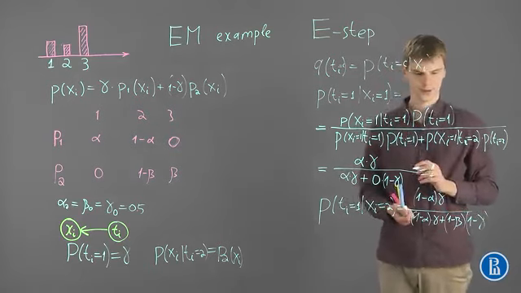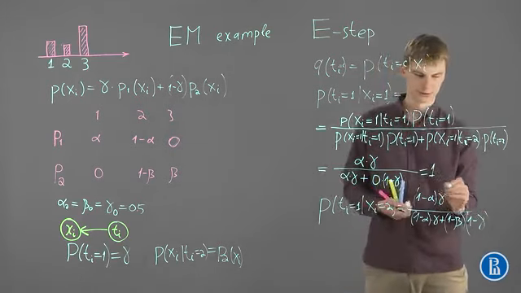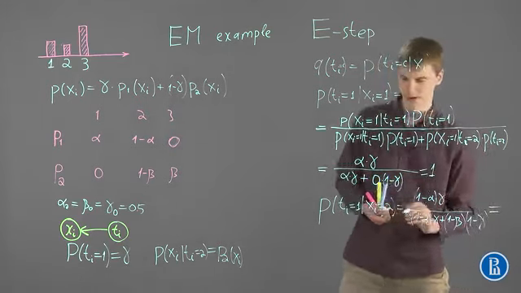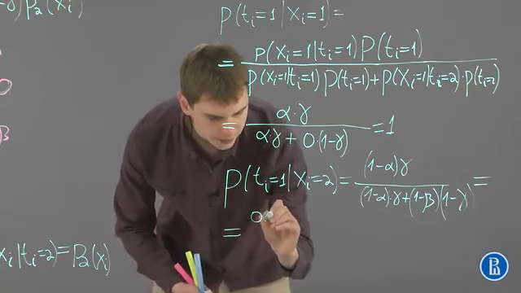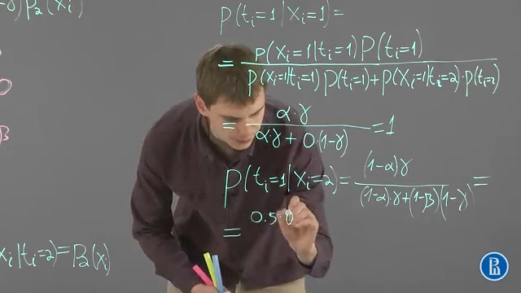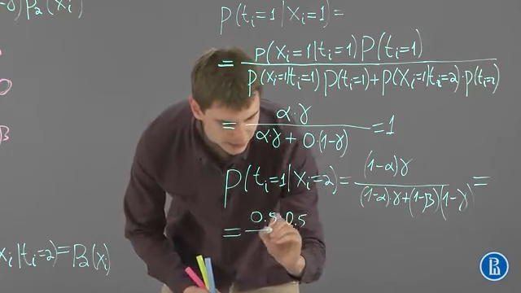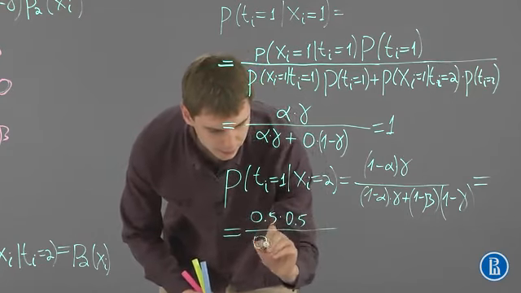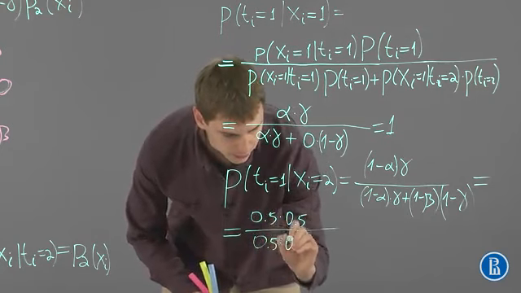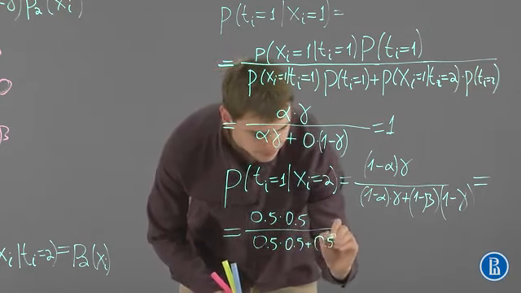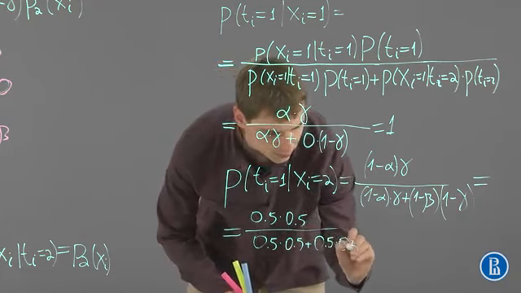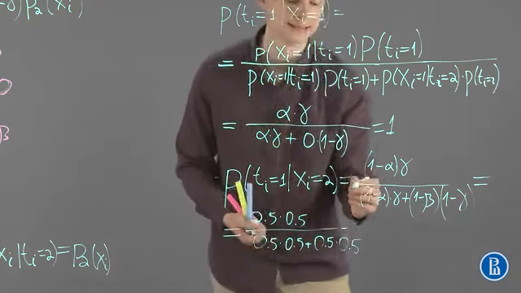And if you substitute the numbers from our initialization, it will be just 0.5 times 0.5 divided by 0.5 times 0.5 plus the same thing, because of our particular values for the initialization.